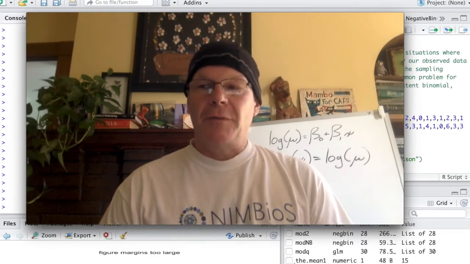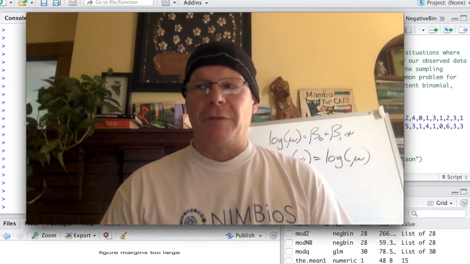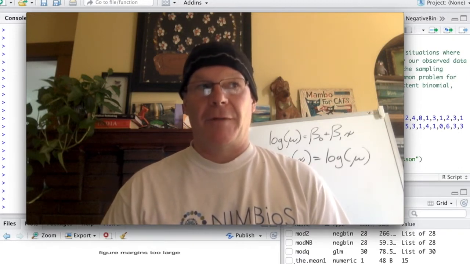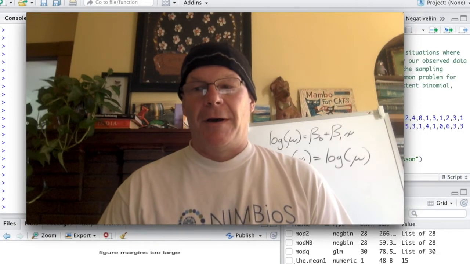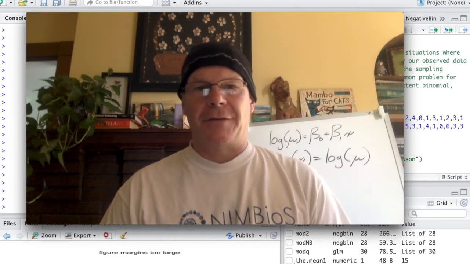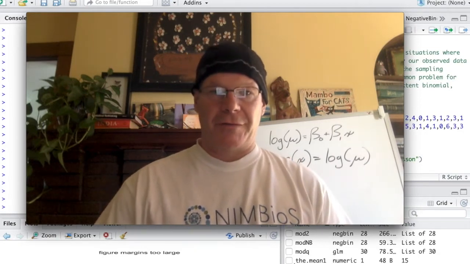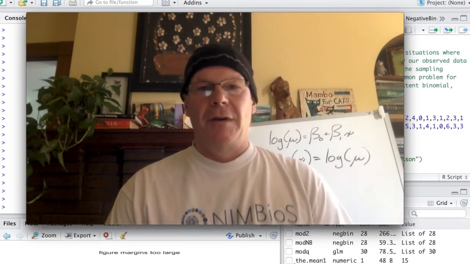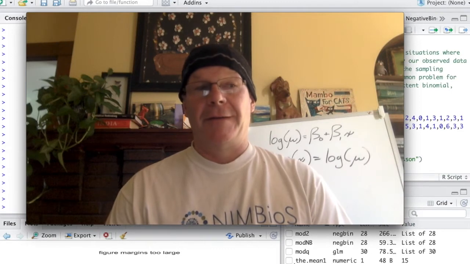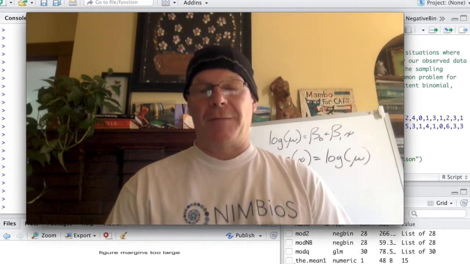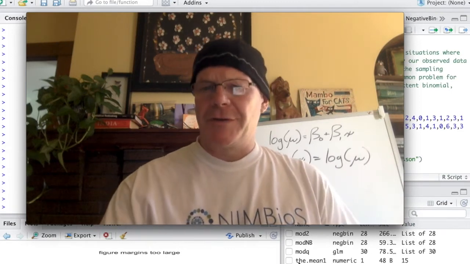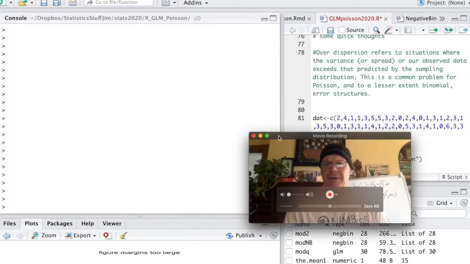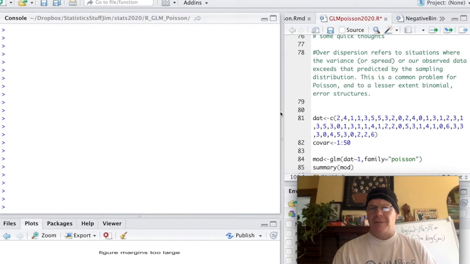I just wanted to really briefly talk about an approach that one can take within the GLM framework with the function glm, and then quickly introduce another distribution just so that you're aware of it. It's increasingly becoming a common distribution to use for Poisson-type count data when you have problems of overdispersion. I'm just going to go through the little bit that we have in the notes that I've posted.